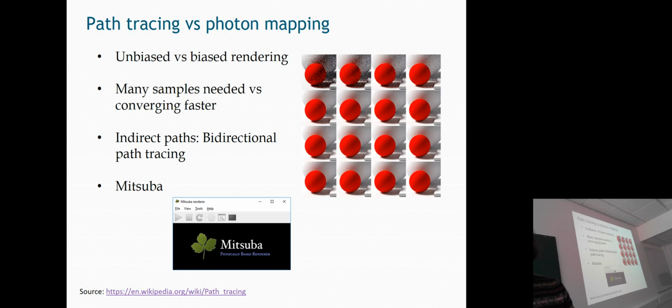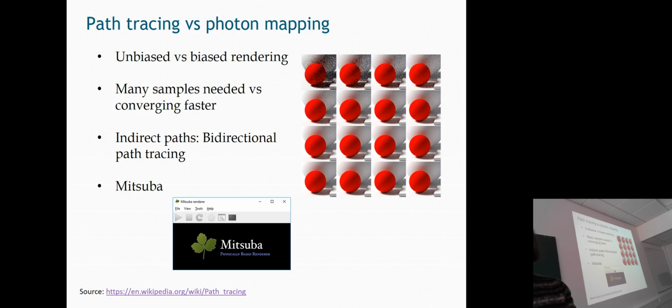You don't introduce any artificial bias, while photon mapping is a biased rendering that takes some shortcuts to end with a pleasing or satisfactory result, but might not always be accurate. For example, some smoothing of the noise and stuff like that. Unbiased ones are usually used as a reference to compare the performance of other rendering techniques.